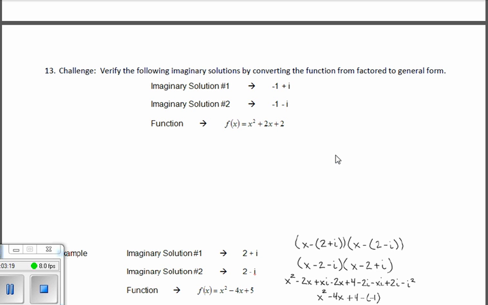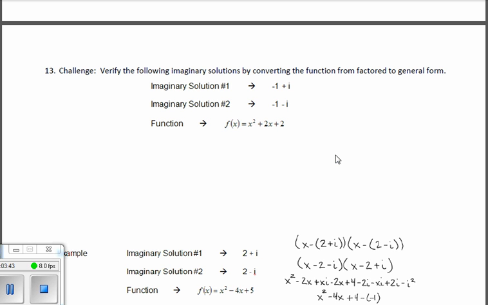But all you're supposed to do on this is verify that those answers would actually work to be the roots, the solutions, and the roots usually are in parentheses. So I'm going to just say if you put those guys in parentheses like you normally would to factor something, see if you can verify it that way.